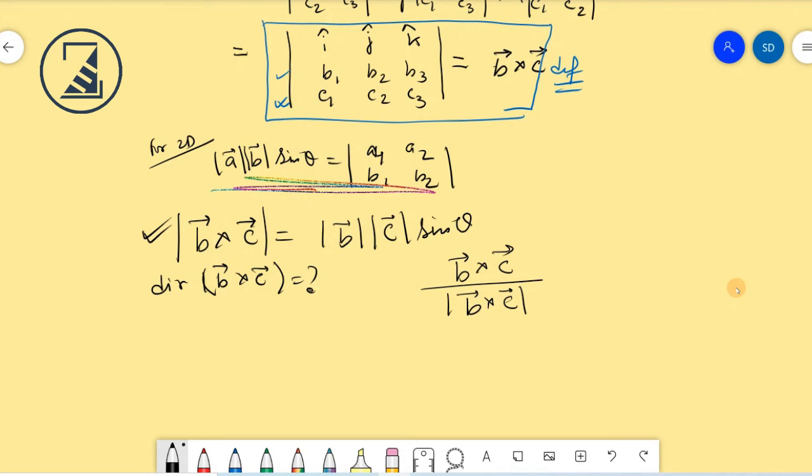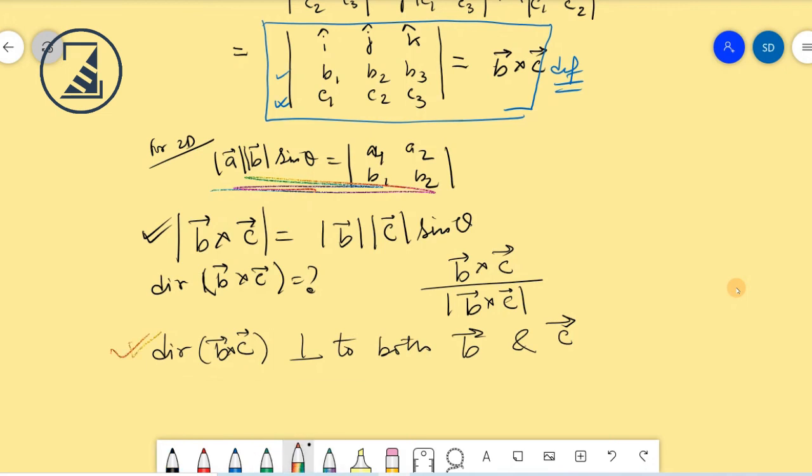Now I claim that the direction of B cross C is perpendicular to both B vector and C vector. This is my claim. I have not proved it, but claimed it. So now I have to verify it. Let's verify.